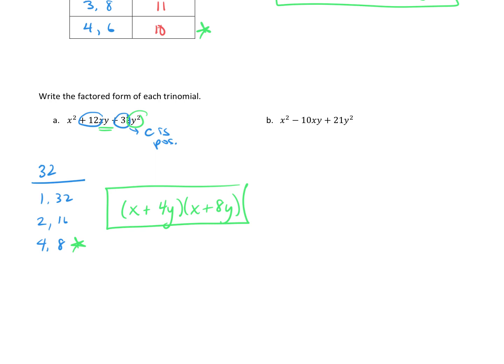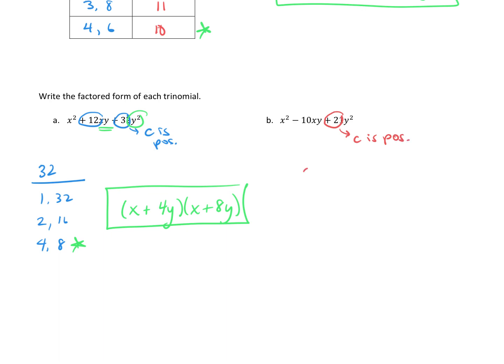All right. Last one, factor this trinomial x squared minus 10xy plus 21y squared. So we notice the two variables right away. We start always by looking at our c value. Our c value is positive, so that means we have two positive factors or two negative factors.